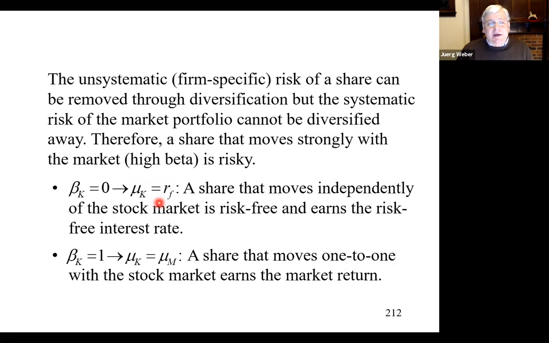This may be a bit of a new idea if you've never heard about the capital asset pricing model. So an investor does not get compensation for the firm-specific risk, for the unsystematic risk. The unsystematic risk can be diversified away. So if the investor has a well-structured portfolio, then the investor no longer has a firm-specific risk, and so there's no compensation for this firm-specific risk.